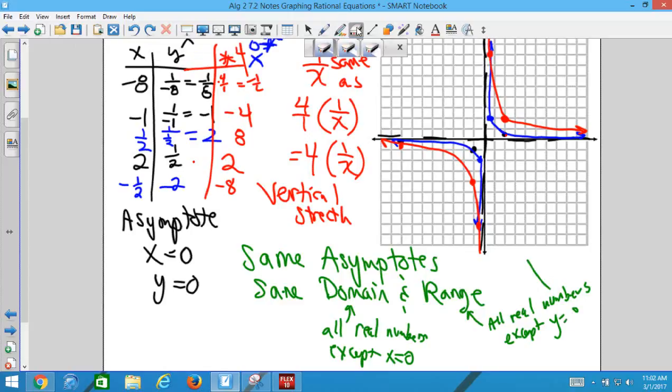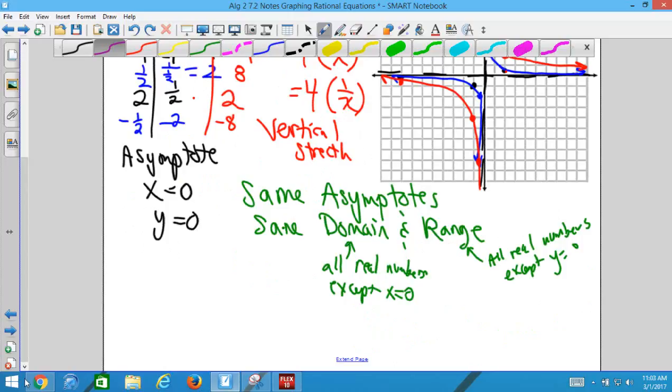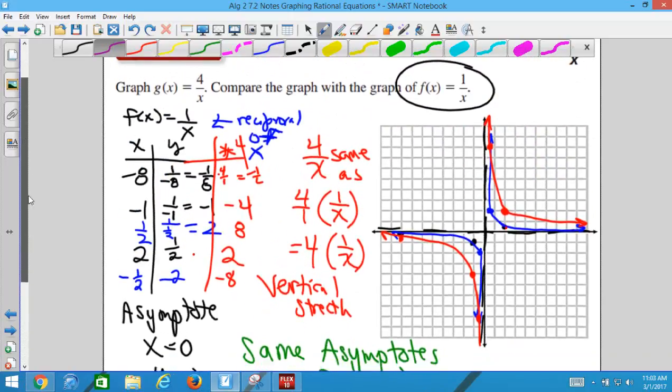So they have the same domain, the same range, and the same asymptotes. What do they have different? Different points, because there is a stretch. The second one is g of x.